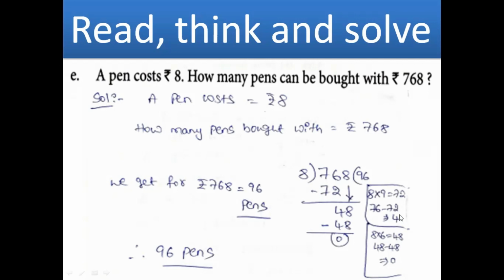Nearest number. 76 minus 72, difference is 4. 4 down. 8 as it is. Now 48. In 8 table, 8 sixes are 48. 48 minus 48, difference is 0. So for rupees 768 we get 96 pens.